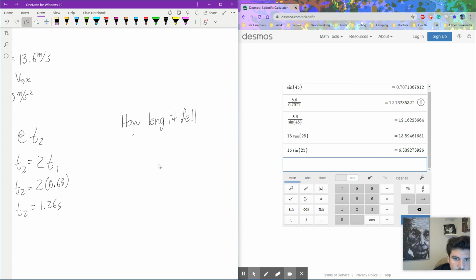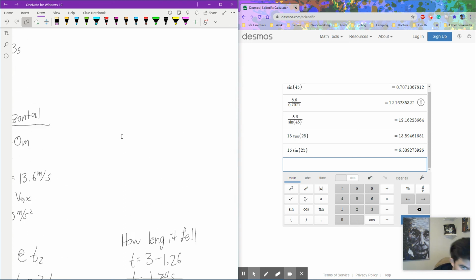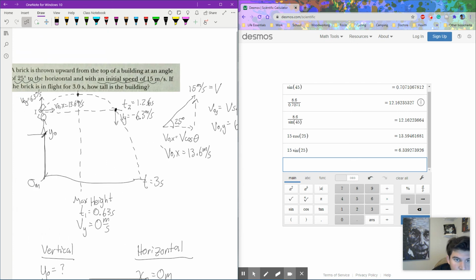Okay, so the time that it fell was the final time minus how much time it was already in flight, and that's equal to 1.74 seconds. Okay, so all I did there is I said, I know in total it took 3 seconds. Let me subtract how much time it spent just going up and coming back to the same height. And then the time that I'm left with is basically how long it took it to fall this distance.